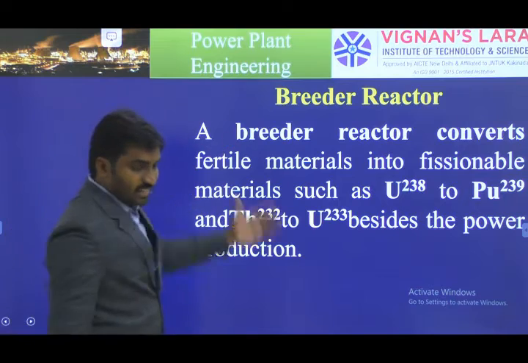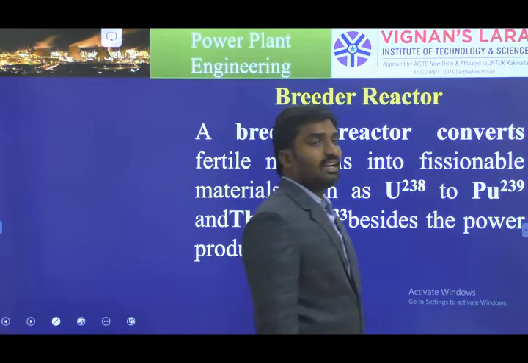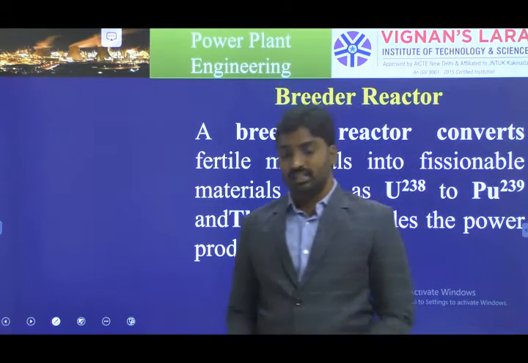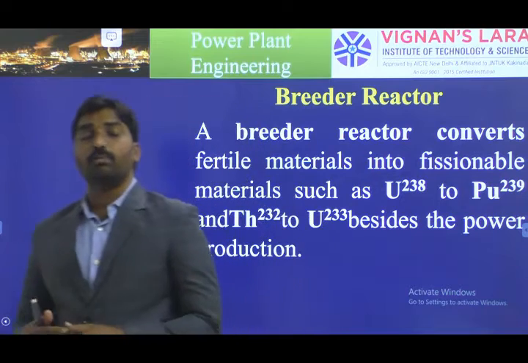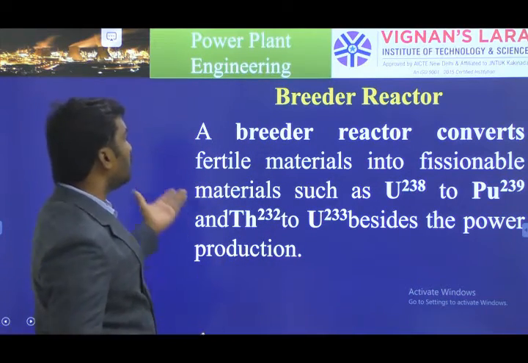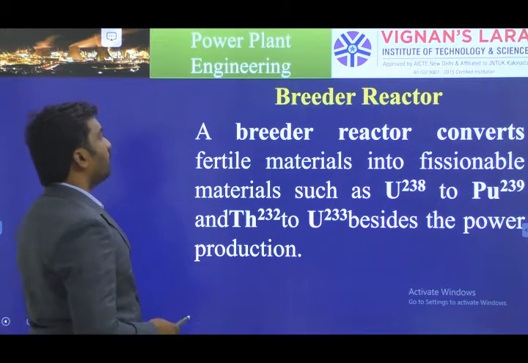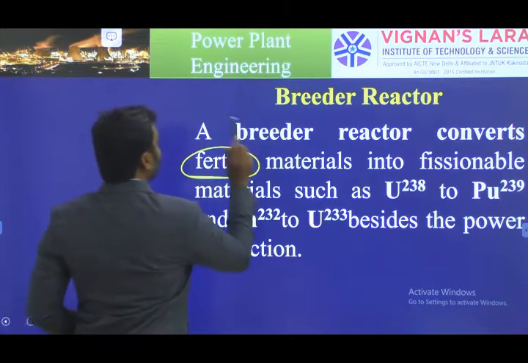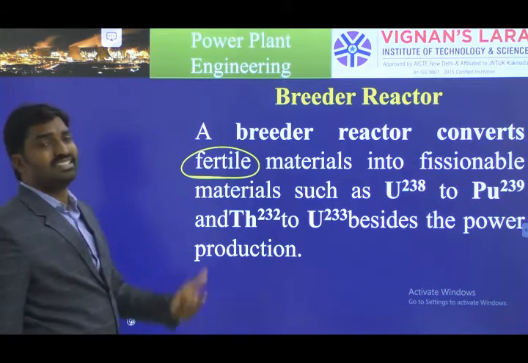And coming to the second type of reactors, that is the breeder reactor. So breeder means it is elaborately divided into some other particles. A breeder reactor converts fertile materials into fissionable materials.